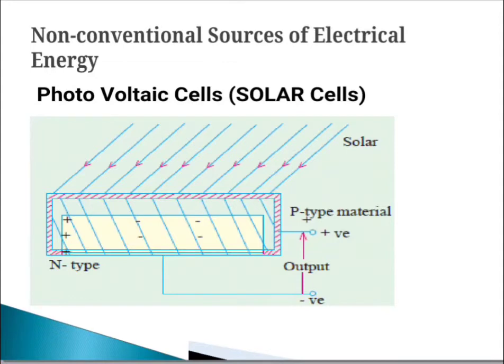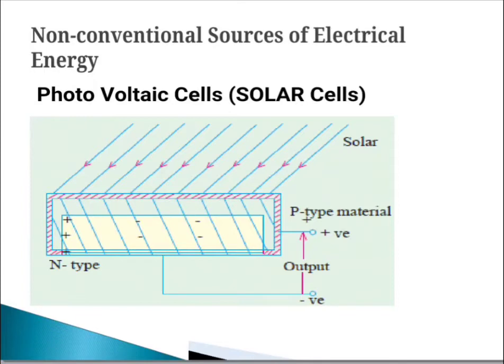The electrons of the semiconductor material are joined together by covalent bonds, and electromagnetic radiations are made up of small energy particles called photons.